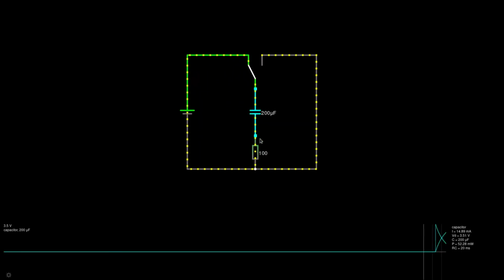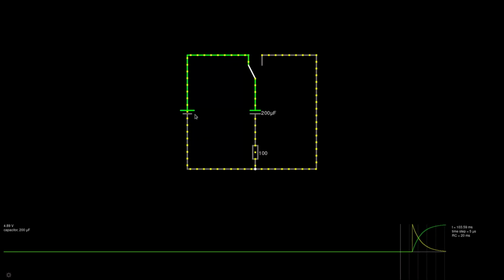So we can see that it starts off with 0, 0, but eventually it'll be fully charged. When fully charged, the upper plate has the same potential as the upper side or the positive side of the voltage source, and the lower plate has the same potential as the negative side of the voltage source.